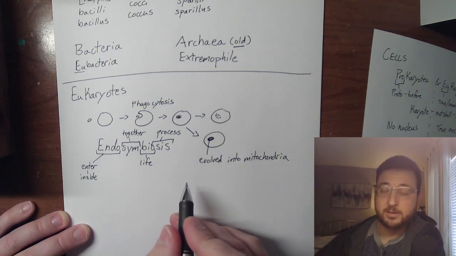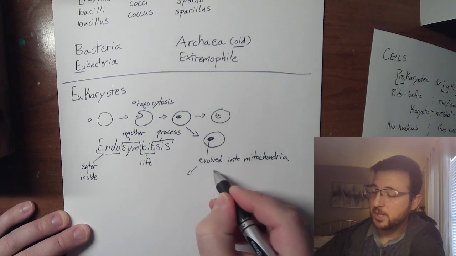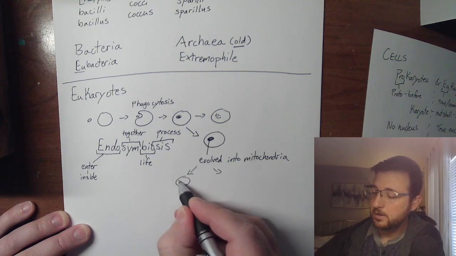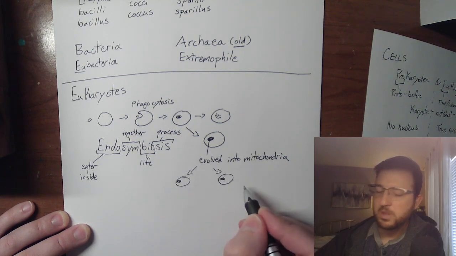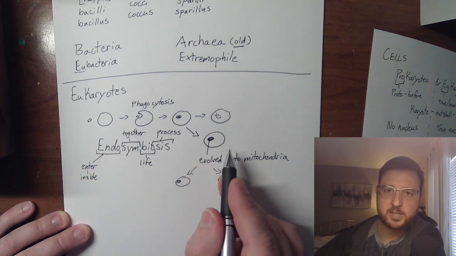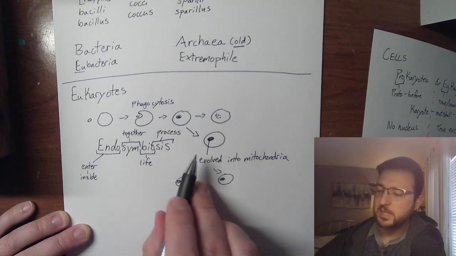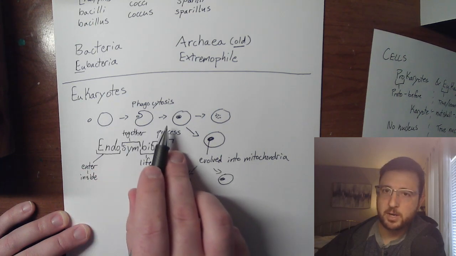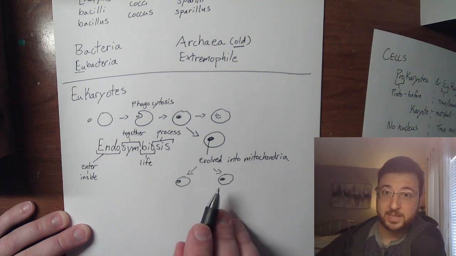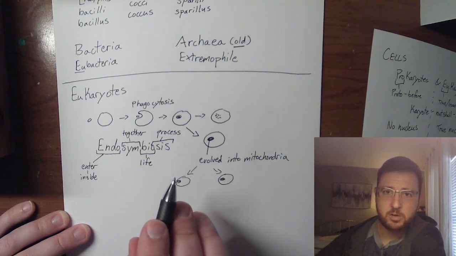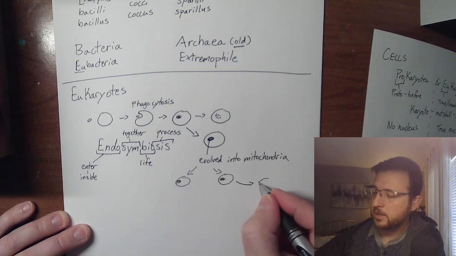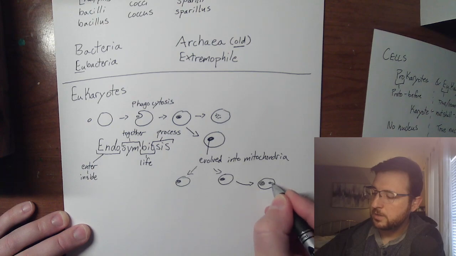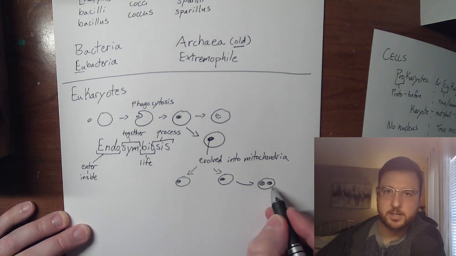And then we think, of course, these cells would divide and continue on. And we think this same process happened again, but instead of it being a proteobacteria, it was cyanobacteria, bacteria that could do photosynthesis. And that is where we get one cell with two different kinds of bacteria in it.